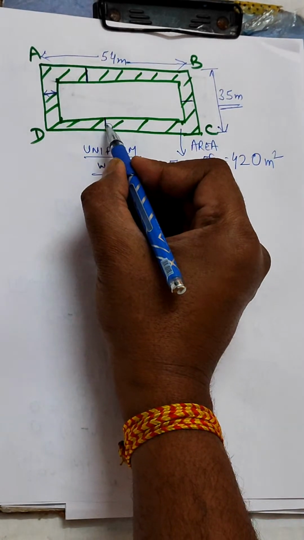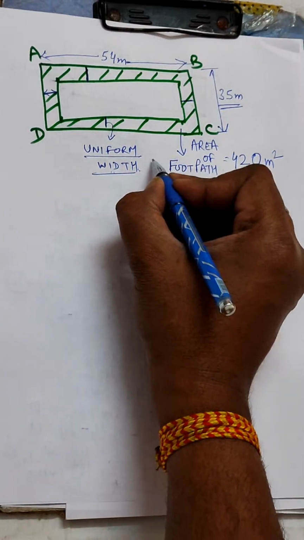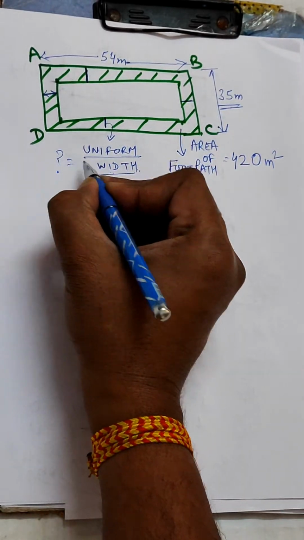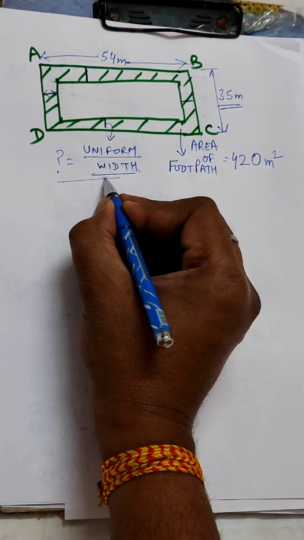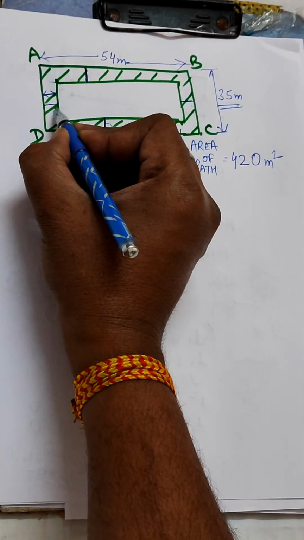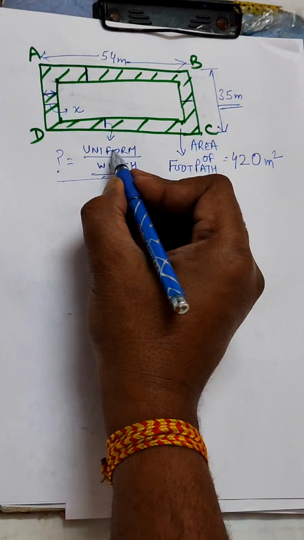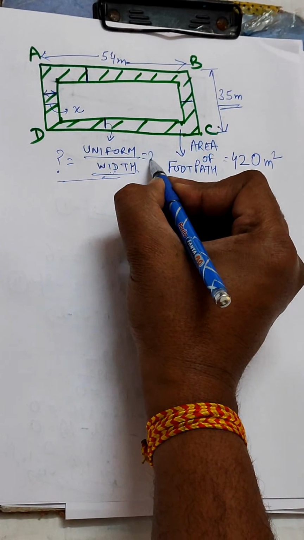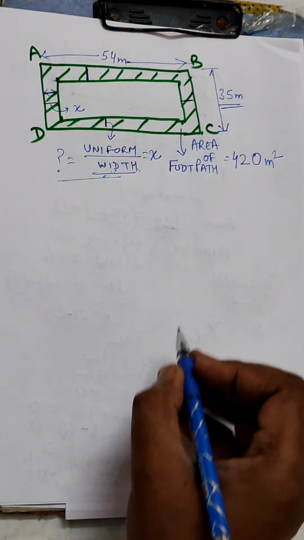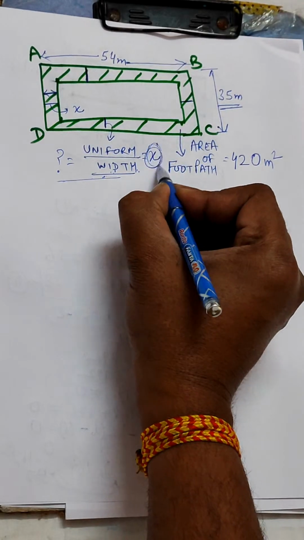That means this width needs to be calculated. Uniform width, that is what we need to calculate. So let's say this width is x, right? Uniform width, let's say it's x. We have assumed it.